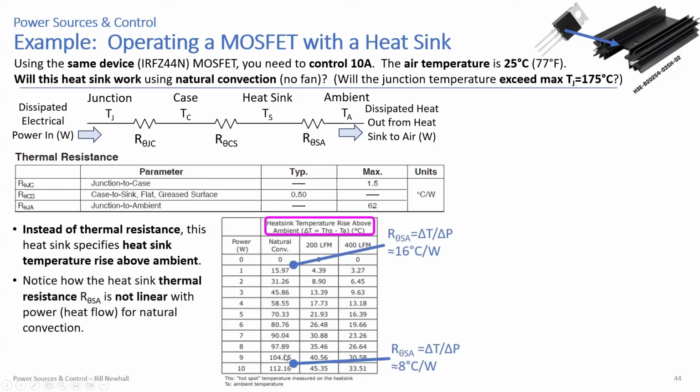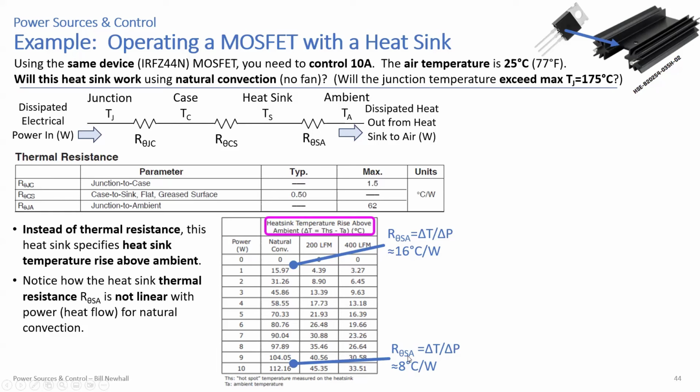But also notice that the thermal resistance is not linear with the heat flow using natural convection. Right? So this is about 16 degrees C per watt. This is about 8 degrees C per watt if you calculate delta T over delta P. So just calculate the resistance. So the thermal resistance isn't constant for this heat sink and natural convection.